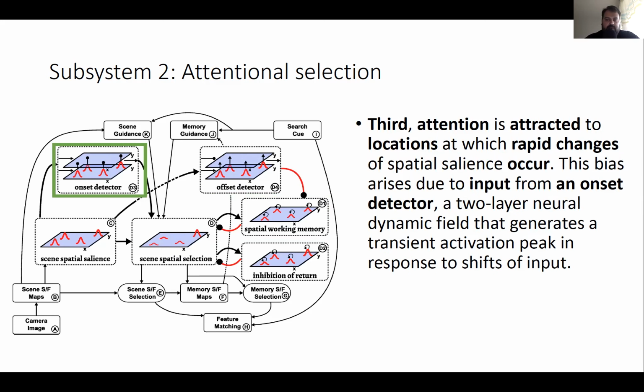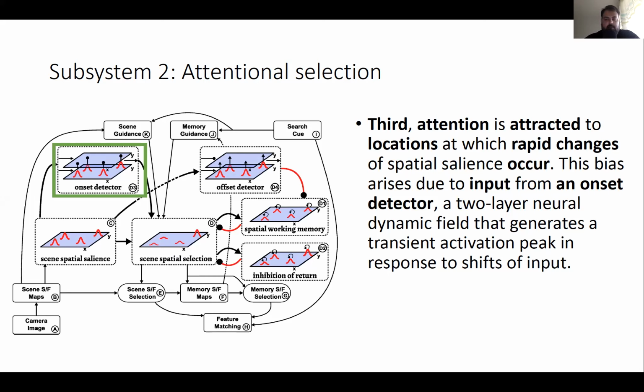The third bias is that attention is attracted to locations at which rapid changes of spatial salience occur. So if a new input is created in this field, so a new peak emerges, this transient activation change will create a peak in the onset detector, and then this will activate the retain node, and that's the second task, and we will see how this works.